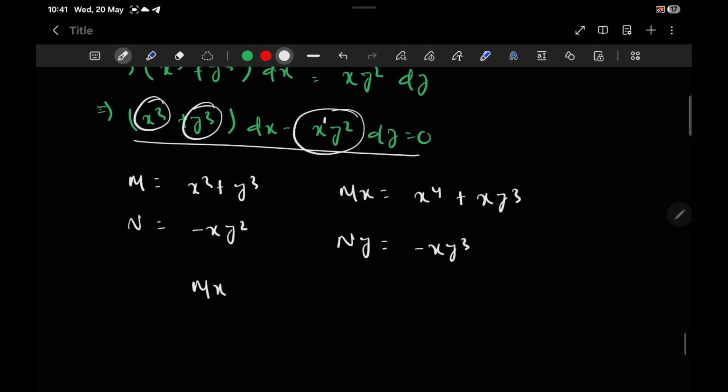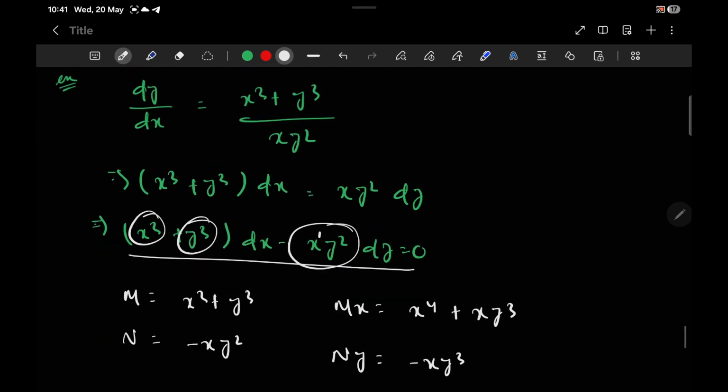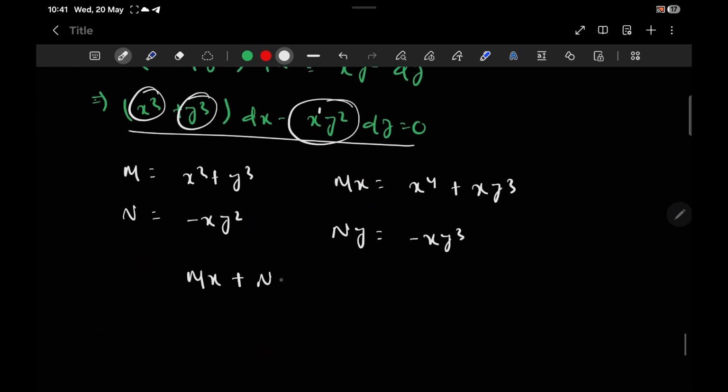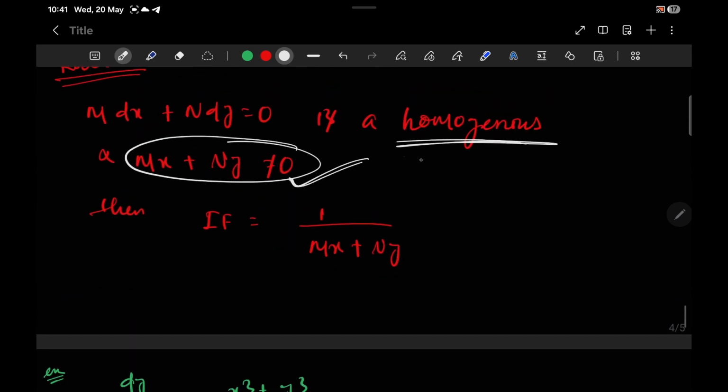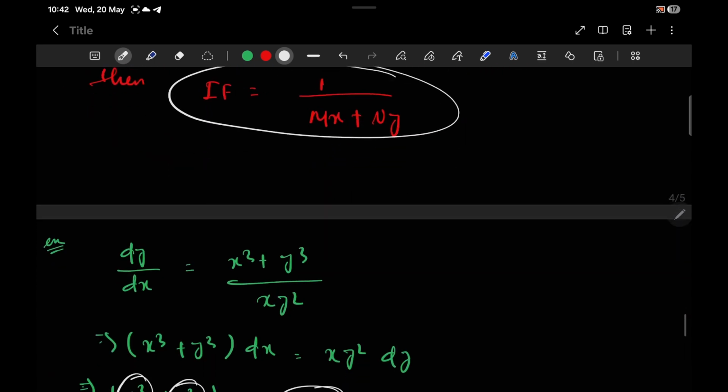So Mx plus Ny is x^4 plus xy^3 minus xy^3, so it becomes x^4, which is not equal to 0. So our second condition is also satisfied, our first condition is satisfied. So our integrating factor will be 1 by Mx plus Ny.